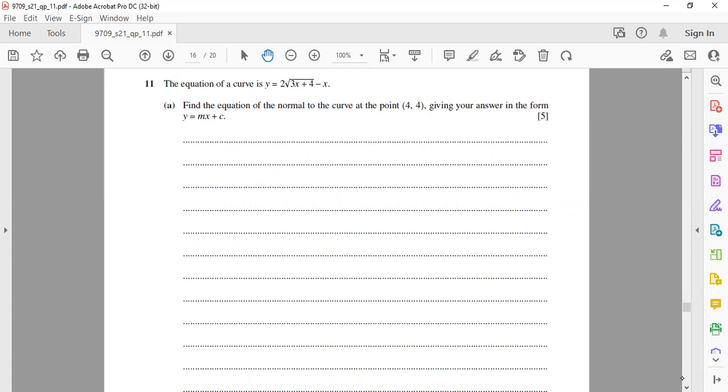So the tangent to the curve is given by dy by dx.